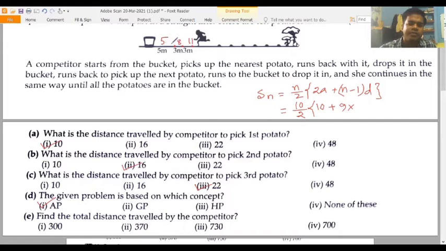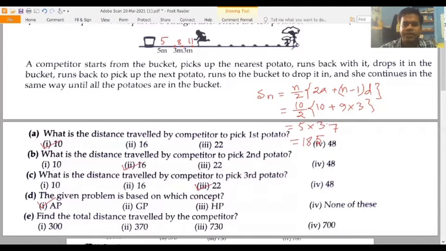The common difference is 3, from 5, 8, 11. So 9 into 3 is 27, plus 10 is 37. 37 into 5 is 185.